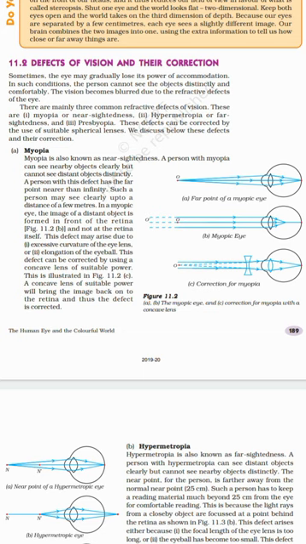Why? Because the image of a distant object is formed in front of the retina. It is not formed on the retina, and to see any object, the image should be formed on the retina.